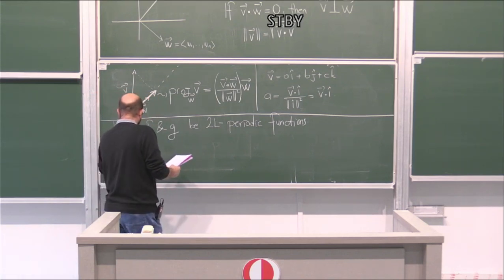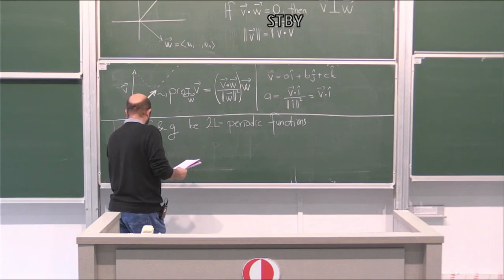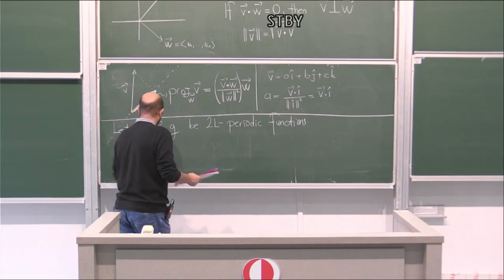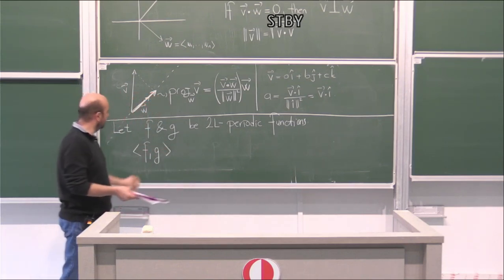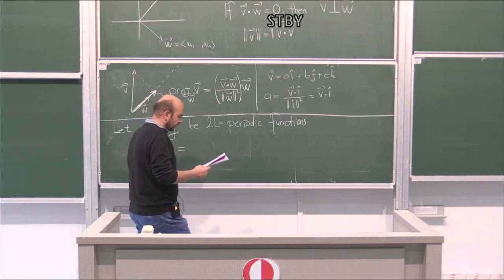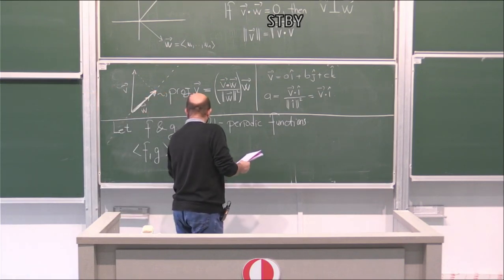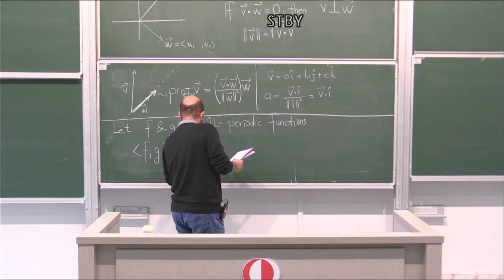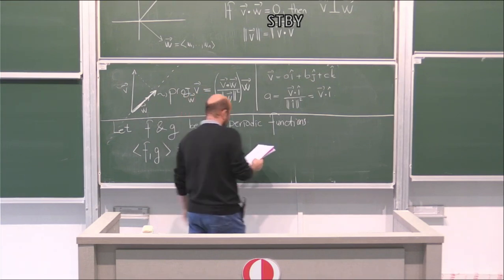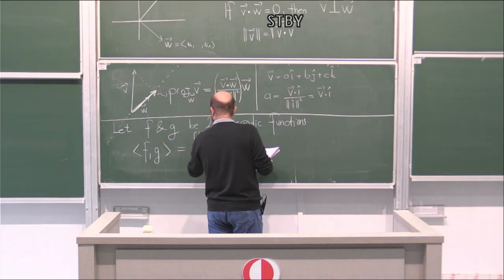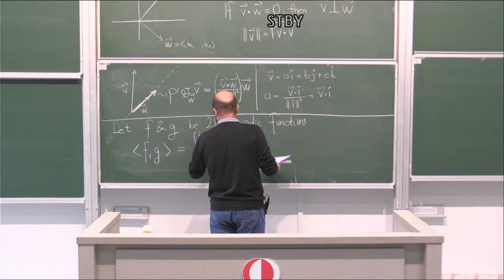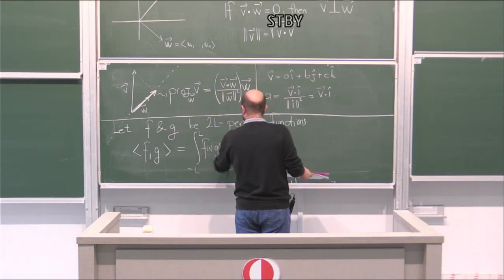And I'm defining the following. F, G, like F dot G you can think. The integral from minus L to L, F of X, G of X dx, or F times G dx.